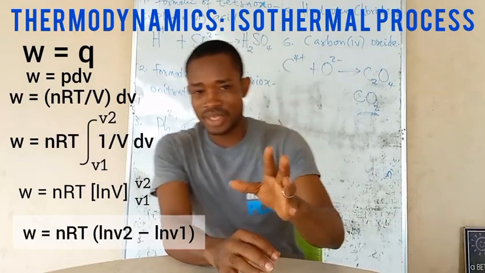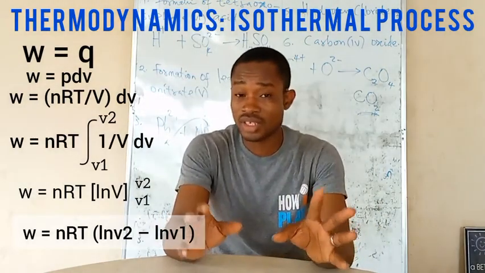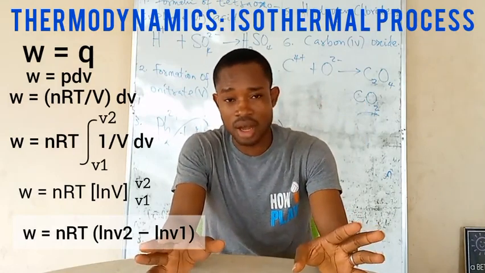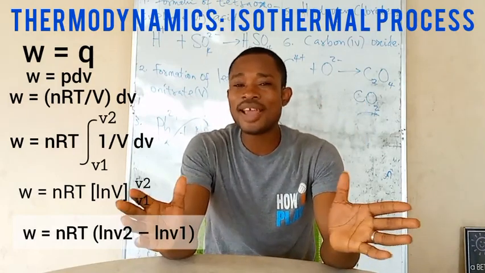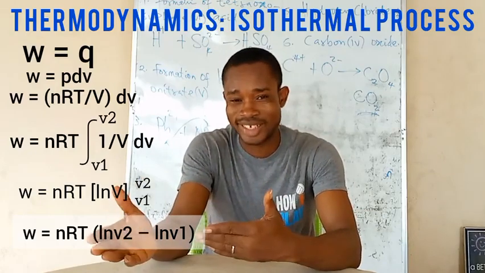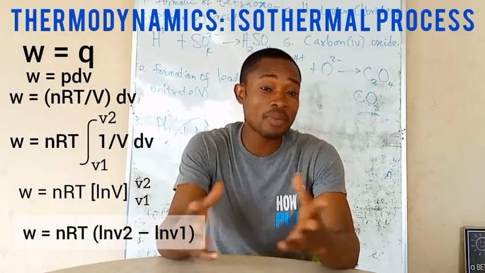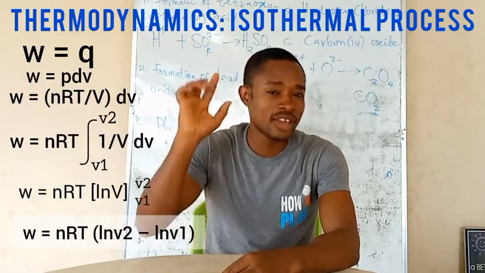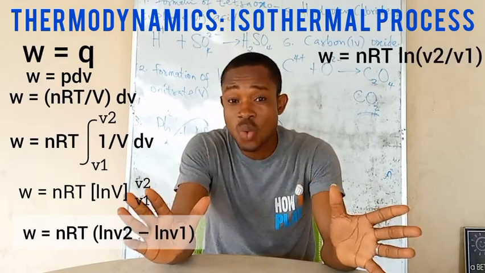Now ln shares the properties of logarithm because ln is actually logarithm to base e, the natural log. So we can apply the laws of logarithm to ln V2 minus ln V1, and if you do that, the formula becomes W equal to nRT ln of V2 over V1.